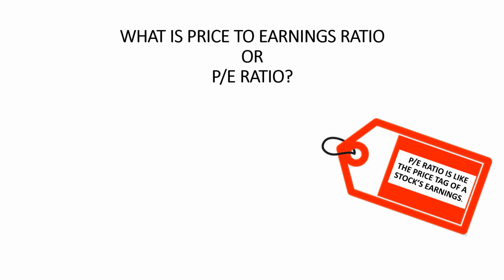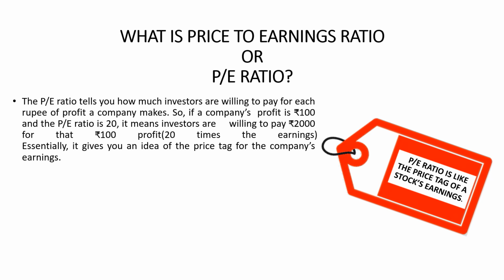The PE ratio tells you how much investors are willing to pay for each rupee of profit a company makes. So if a company's profit is 100 rupees and the PE ratio is 20, it simply means investors are willing to pay 2000 rupees for that 100 rupee profit, which is 20 times the earnings. Simple? Essentially, it gives you an idea of the price tag for the company's earnings.